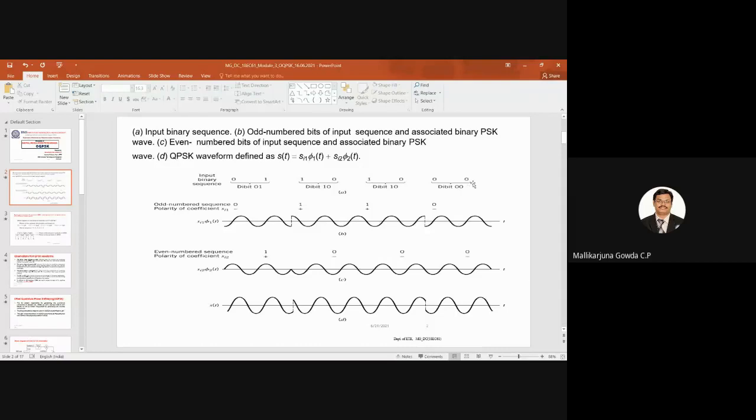Next, from 0 1 to 0 0, here only one bit is changed. So from 0 1 to 0 0, it undergoes a phase shift of how much? Here it is 135 and for 0 0 it is 5 pi by 4, that is 225 degrees.